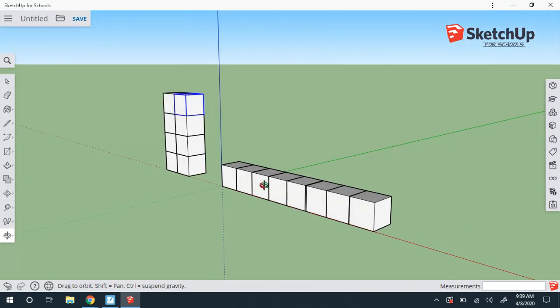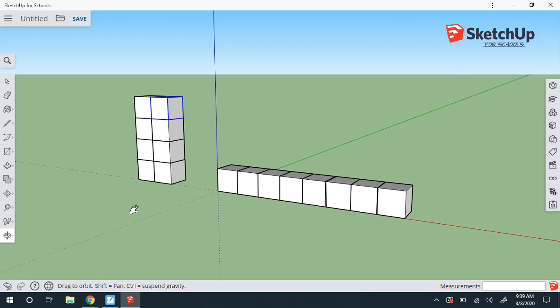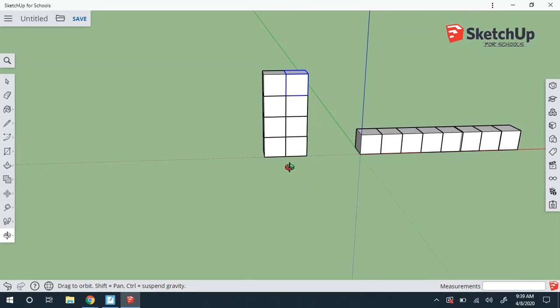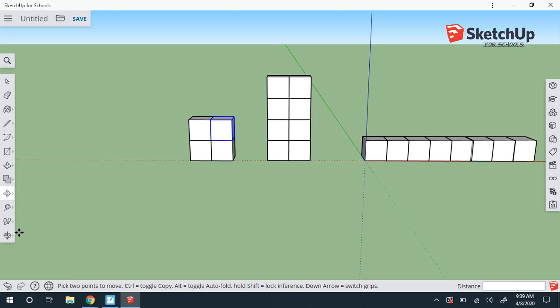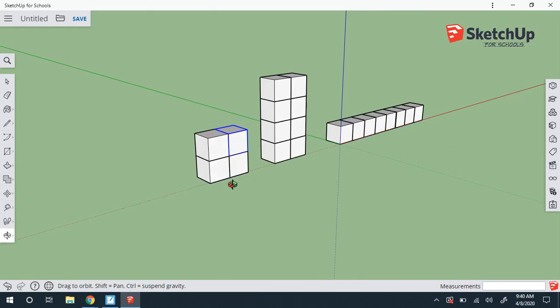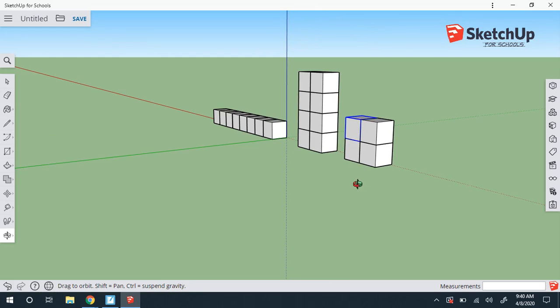Let's see, can we come up with any others? Let's slide over so we have enough space. Let's paste in another one. What if we go too tall, and then we also go back here and go too deep?